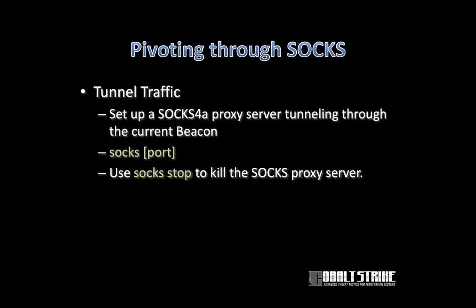Here's how to set up a SOCKS proxy server on your team server associated with a specific session. Interact with your beacon, type SOCKS, and specify a port. Your team server will open up that port, and any proxy traffic that comes through that port will get tunneled and relayed through the current beacon session. And to stop the SOCKS proxy server, use SOCKS stop in the beacon console.